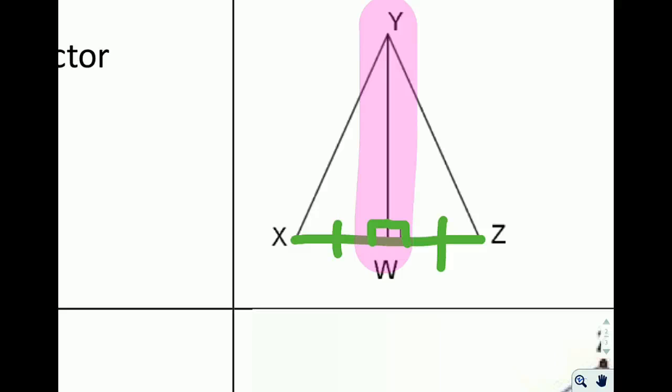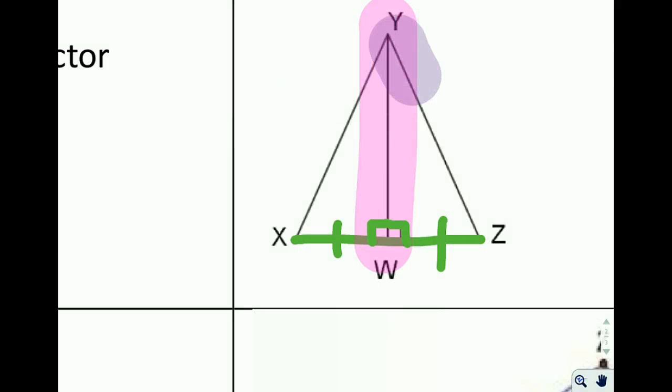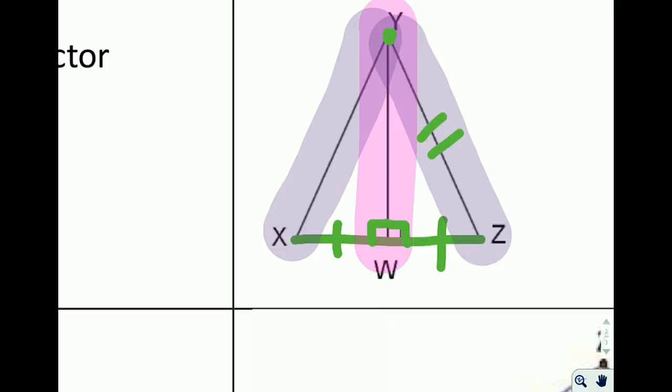But what's really extra neat about this is that this side and this side, if they both come from the endpoints here and meet up at the same spot up on top, are also going to be equal to one another. And these angles out here are going to be equal to one another. And these angles up here are going to be equal to one another.